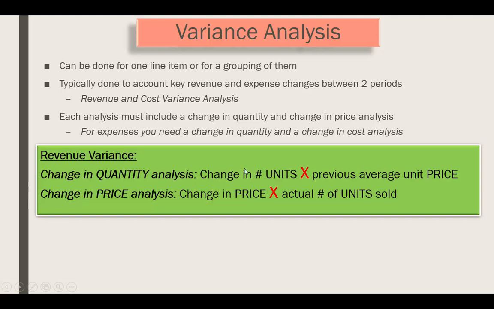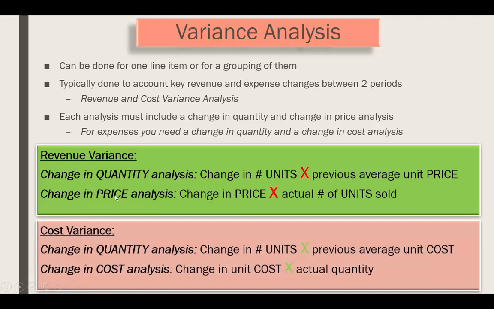So change in number of units, whether positive or negative, times the previous average unit price, that is, the previous average cover or room night amount. Then we find our change in price, which is the change in price times our actual number of units sold. By doing this, we can find out of our revenue increase or decrease how much came from the fact that we served more or fewer people, and how much came from the fact that we increased our average cover or average daily rate.